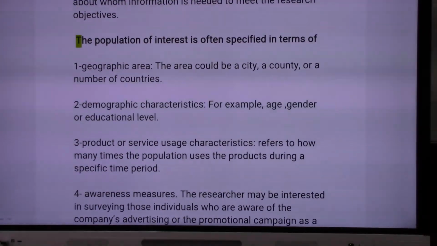The last base for categorizing or selecting our population is awareness measures. In such a base, the researcher may be interested in surveying those individuals who are aware of the company's advertising or the promotional campaign as a whole.